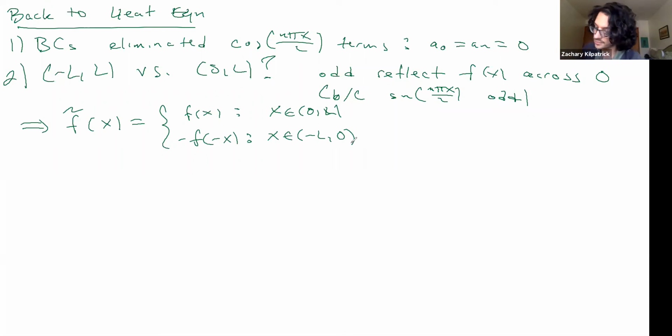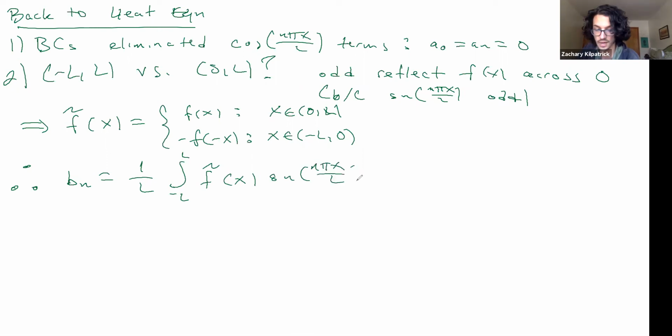And so therefore, okay, Bn is just going to be equal to 1 over L integral from minus L up to L of f tilde of x sine of n pi x over L dx, okay, which is going to be equal to 1 over L integral from minus L to L. Sorry.